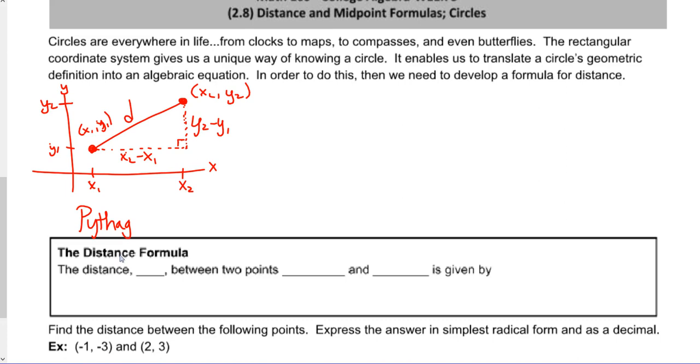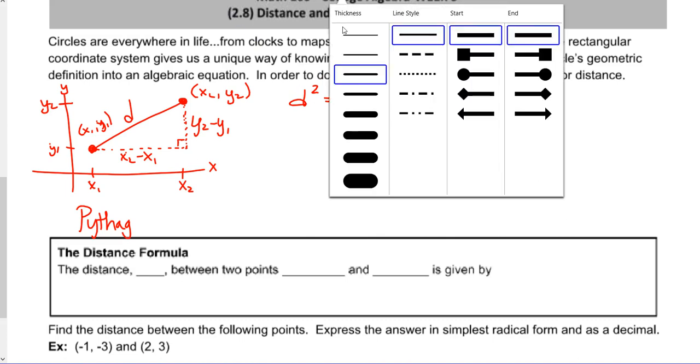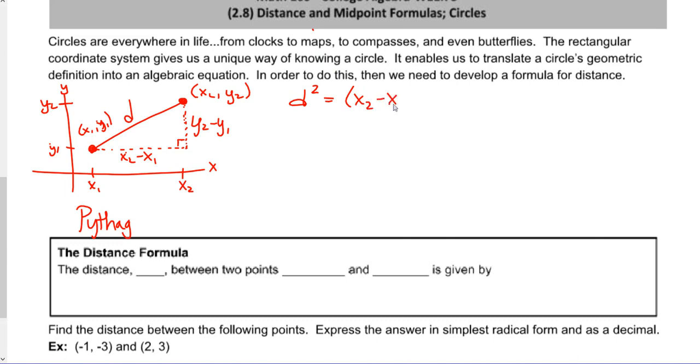Okay, so I now have 3 sides of a right triangle, and I can use the Pythagorean Theorem in order to determine what that relationship is. So I'm going to say, okay, this hypotenuse squared, we're going to say d squared, is equal to this a squared plus b squared. So I'm going to actually do the x's first. I'm going to say that's x sub 2 minus x sub 1 squared plus y sub 2 minus y sub 1 squared.